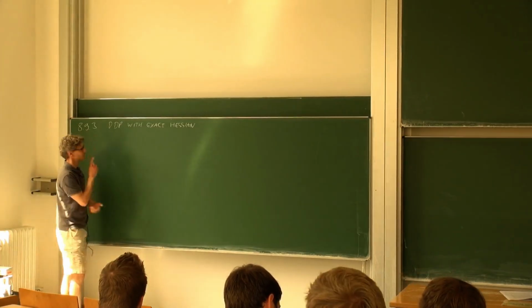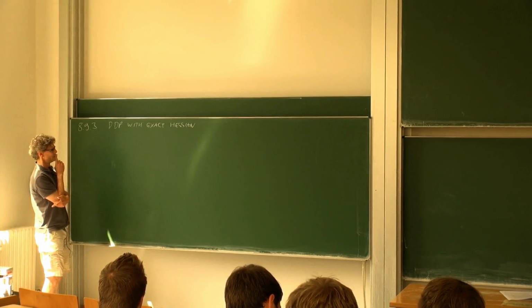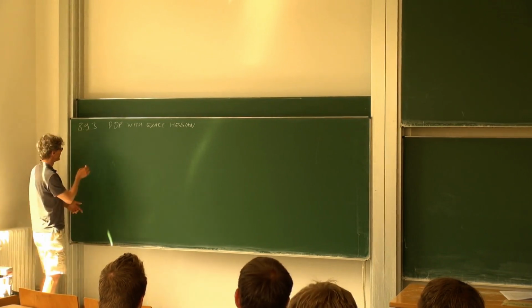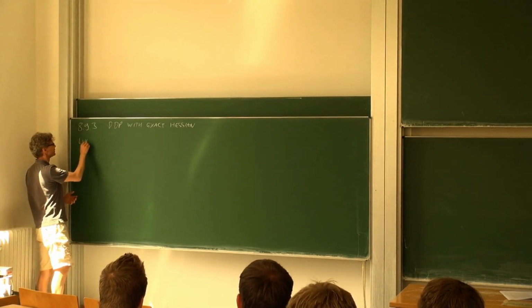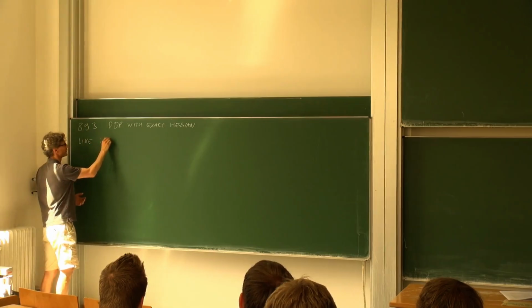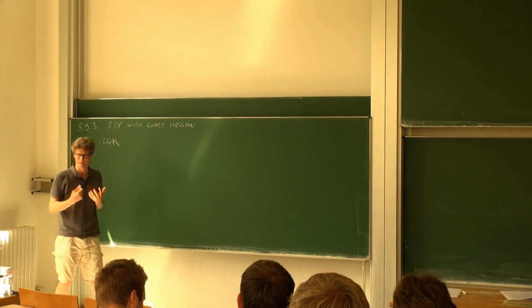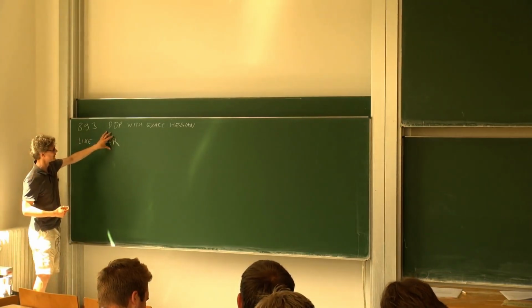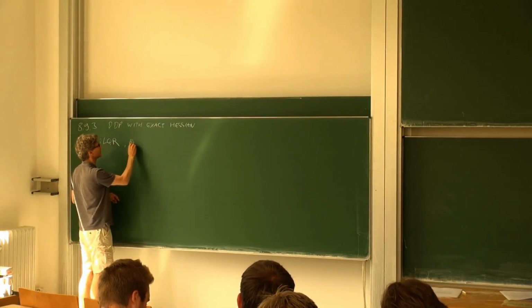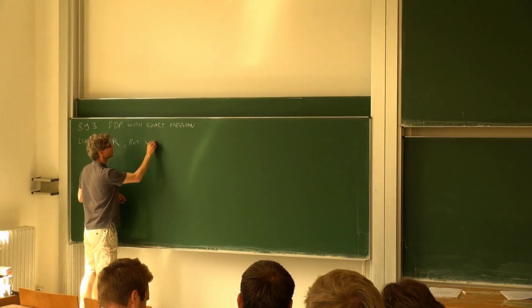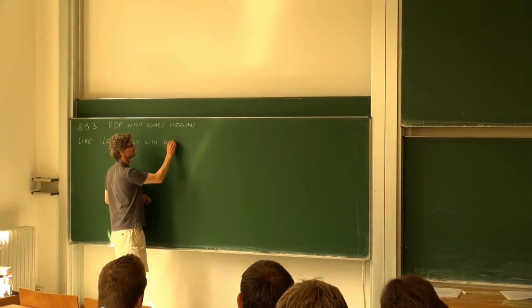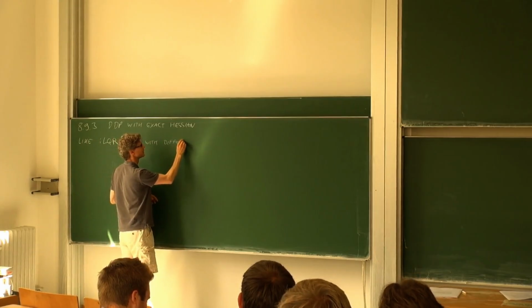So it's like iLQR. Historically, it's the other way around, but I like to explain iLQR first because it's easier. It's like iLQR, but there's only one difference, and the difference is in the Hessian approximations.